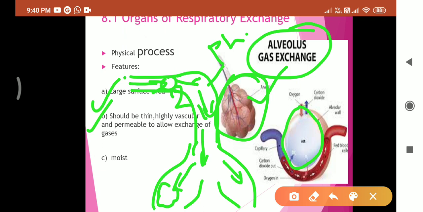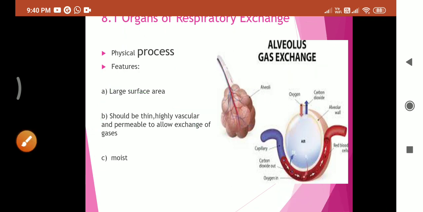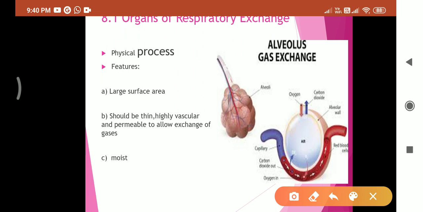In this picture you can see this alveolus has so many blood capillaries, somewhat blue and red in color. This is a network of capillaries in an alveolus. Why are these blood capillaries present? Because the oxygen is present in this air sac, and when you respire, this oxygen diffuses into the blood capillaries.